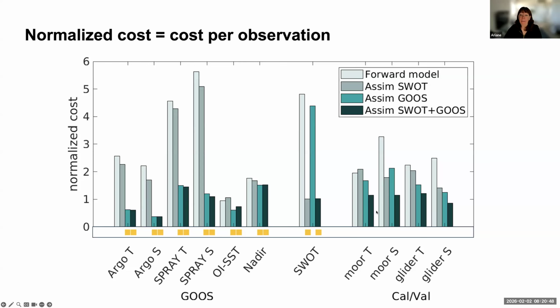And then it's validating to see that these independent data sets also get a reduction in cost. So even though we're not assimilating these data, we fit them better, which is reassuring that our state estimate is consistent with the real ocean.